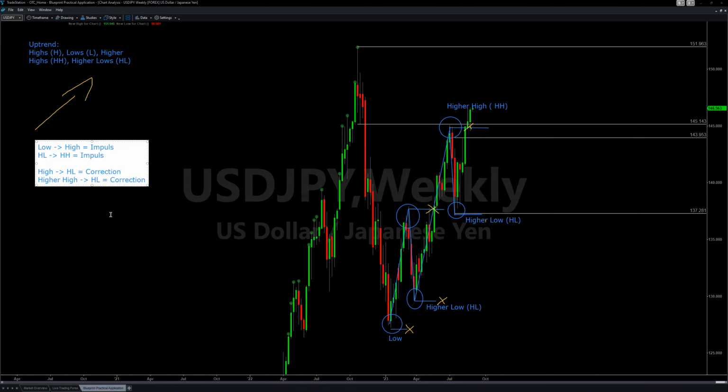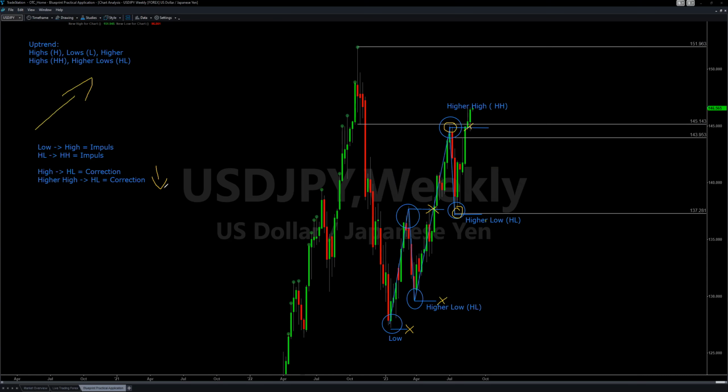Okay, that means in an uptrend, if we get weakness from the upside to the downside, that is a correction. And from the downside to the upside is, of course, the impulse.